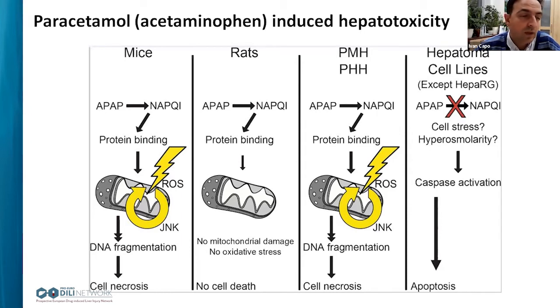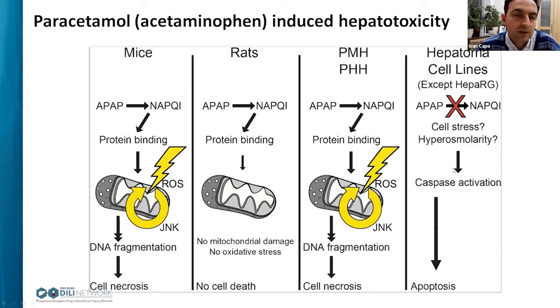Just in mice can we expect these cell necrosis effects, but in rats it's not the case. We don't have cell death in the same condition as in mice. On the other side, in humans, it's confirmed in primary human hepatocytes and also primary mouse hepatocytes that we can find the same biochemical changes in the hepatocyte, and finally the cell necrosis.